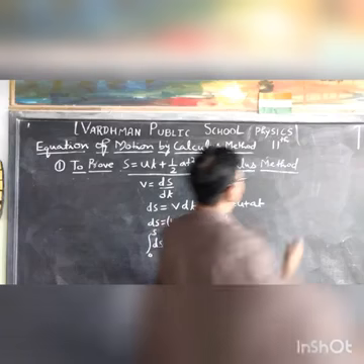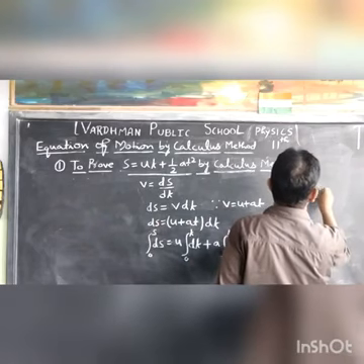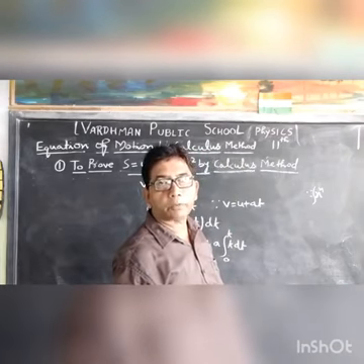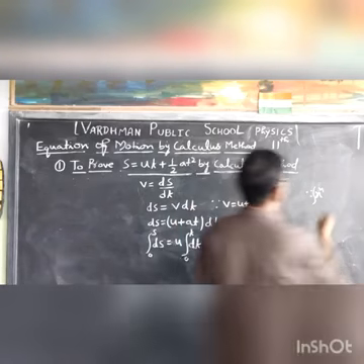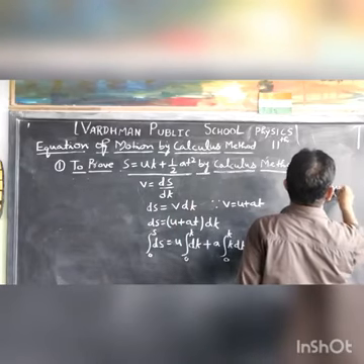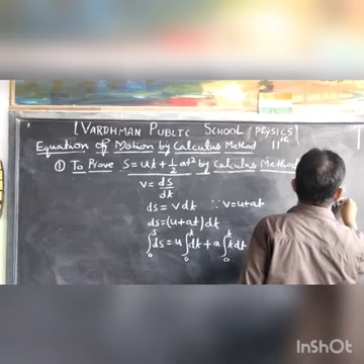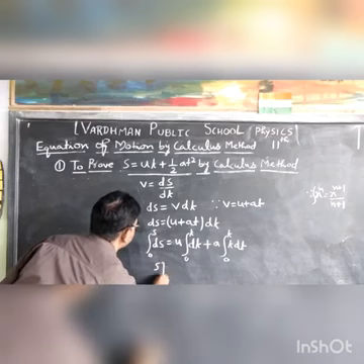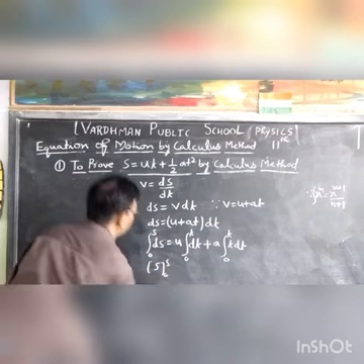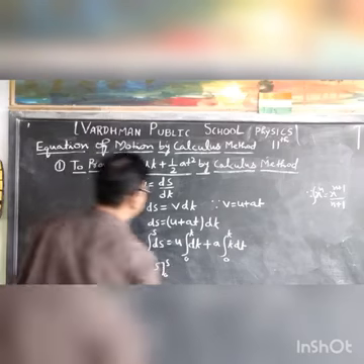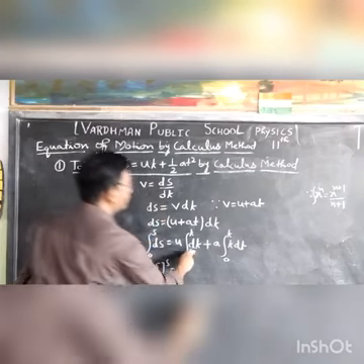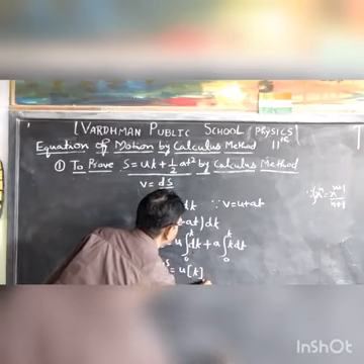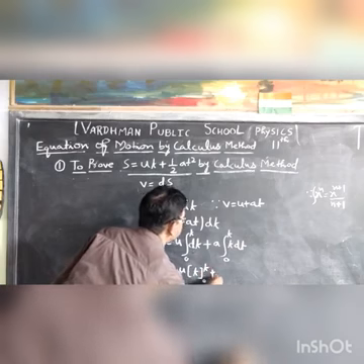Since we know the integration of x^n is x^(n+1)/(n+1), the integration of ds is s, from 0 to s, equal to u times the integration of dt, which is t, from 0 to t, plus a.